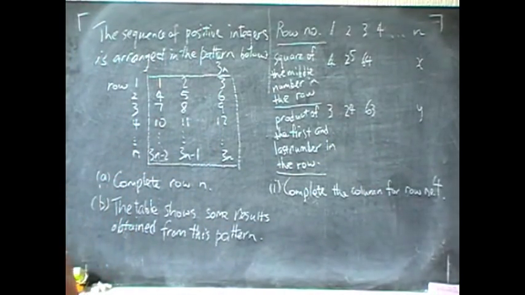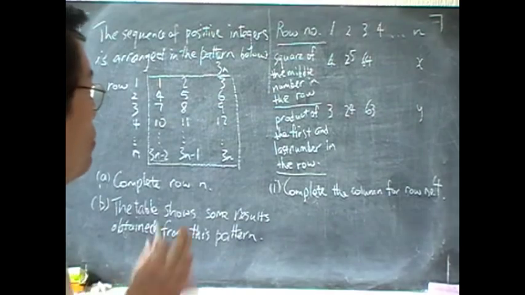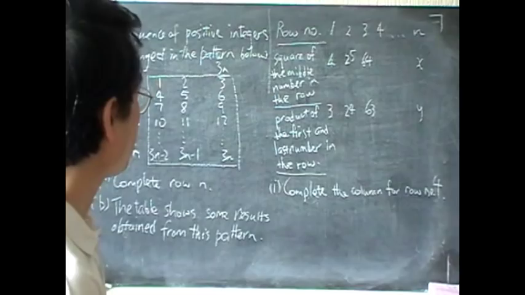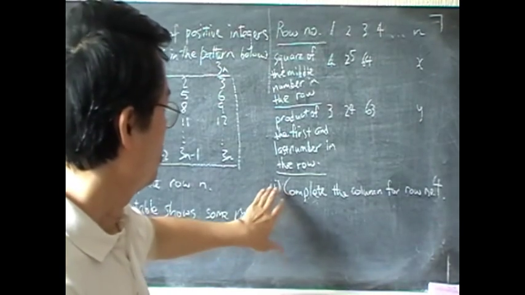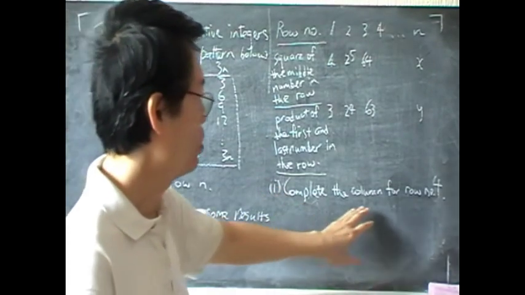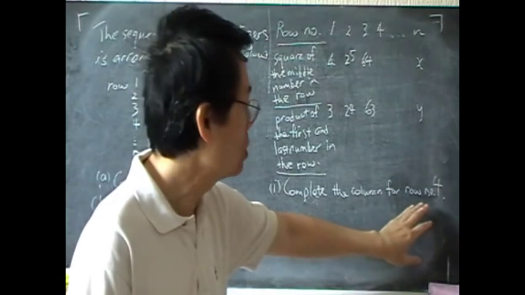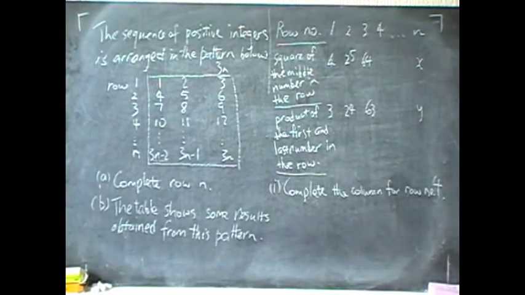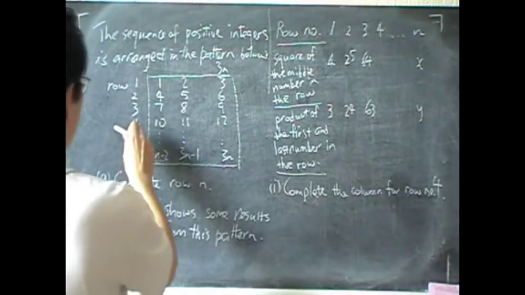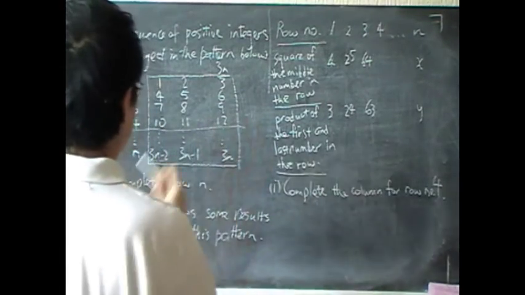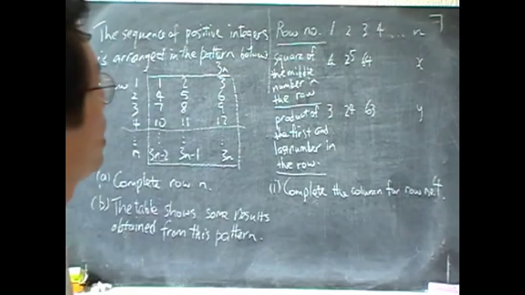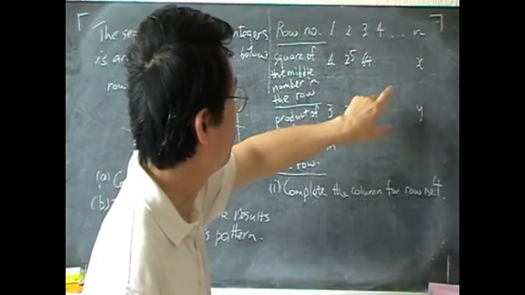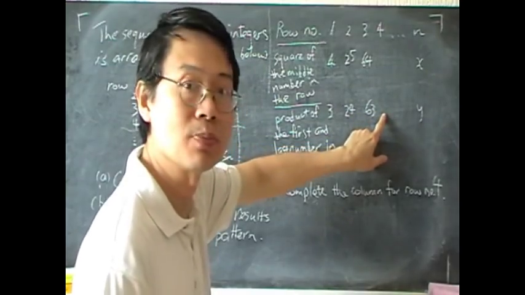So now that we are quite clear about the meaning of this table, we must, in part 1, complete the column for row number 4. And row number 4 is here. That's the row. We must find the values for those two blanks.